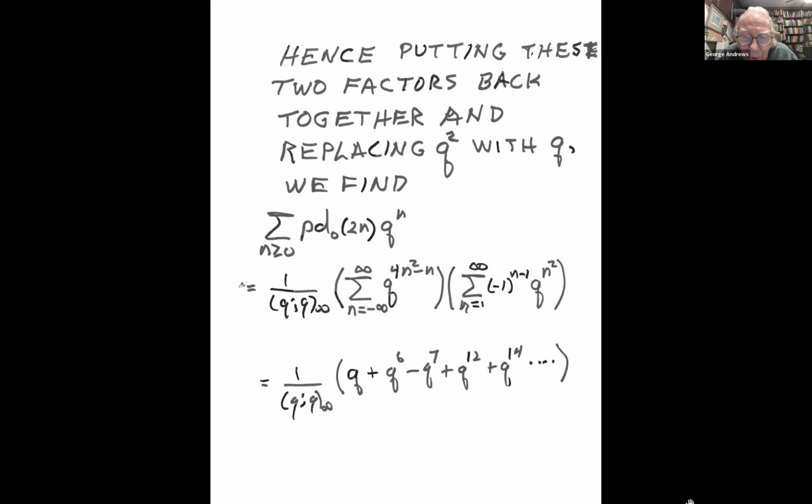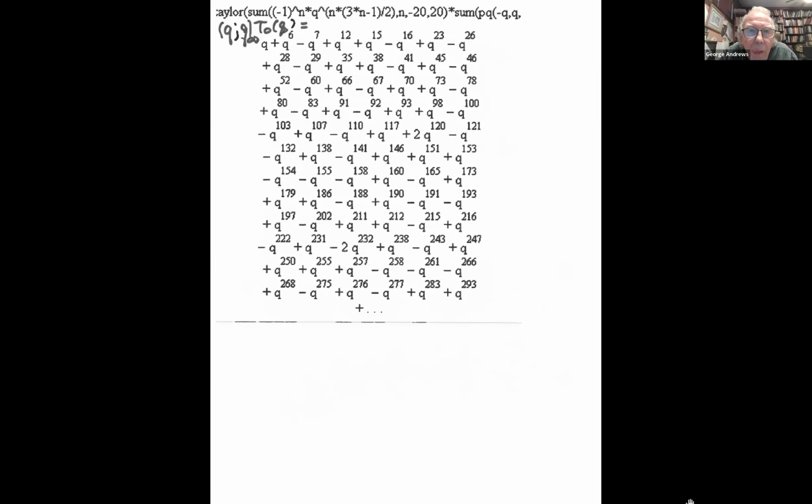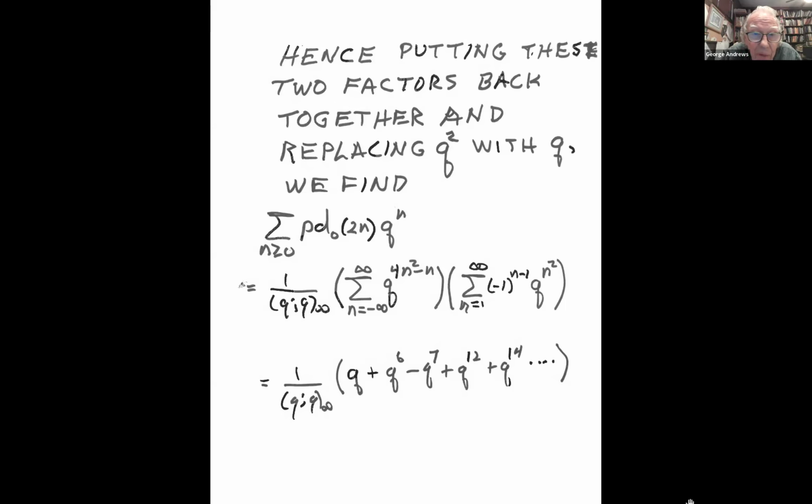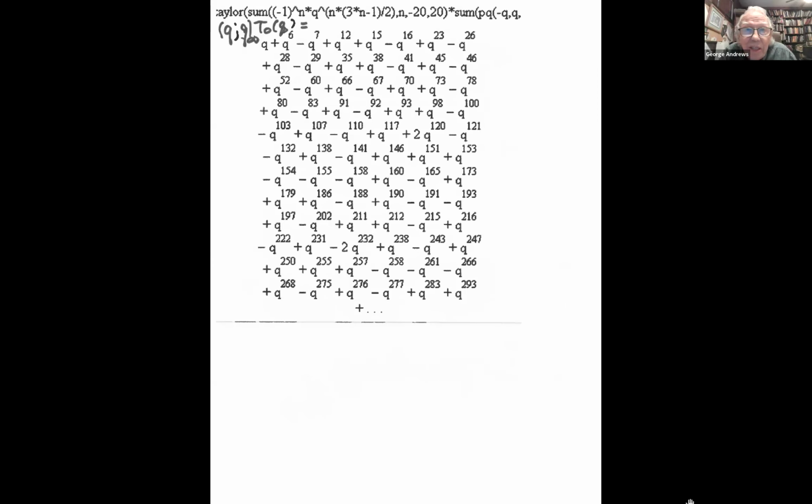And so if you expand it out, this is what that looks like. Well, if we expand q infinity, we have the PDO of 2n q to the n. If we multiply by q infinity, we get q^6 minus q^7, q^12, q^14.